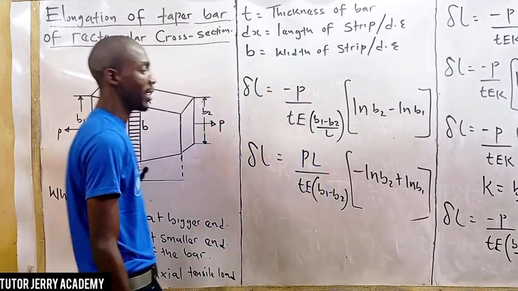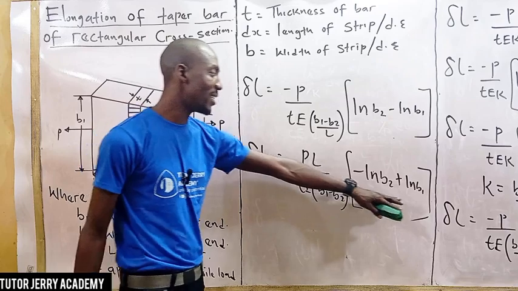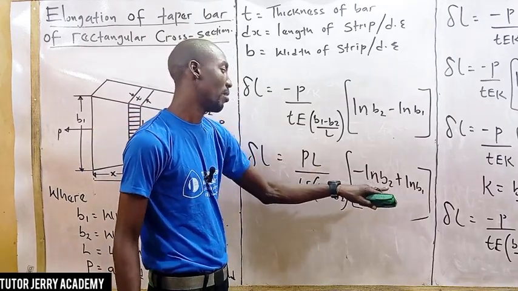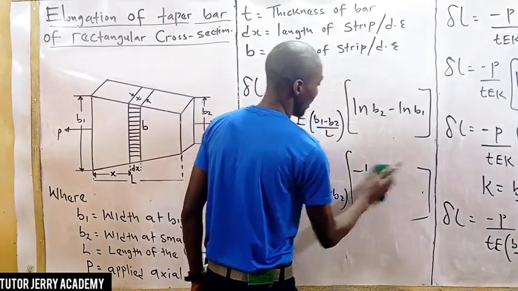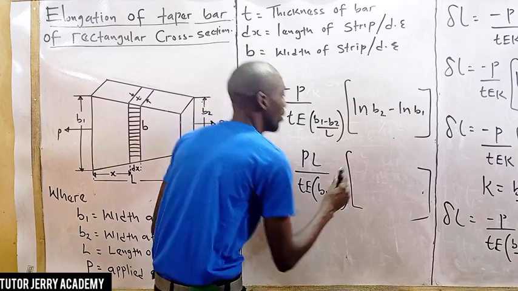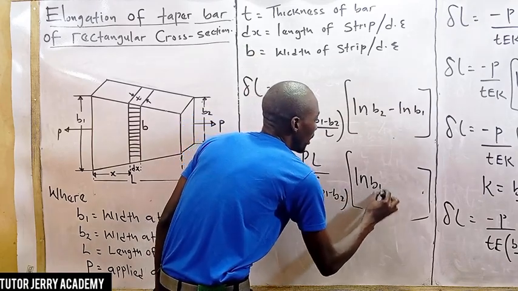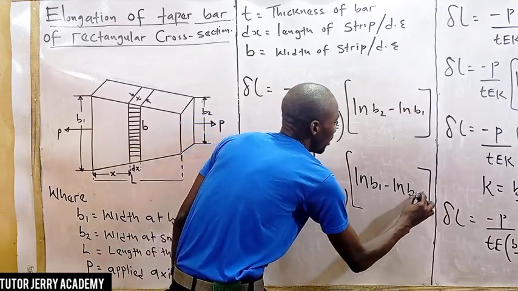Now you close your bracket. So we can further write this as ln of B1 minus ln of B2.